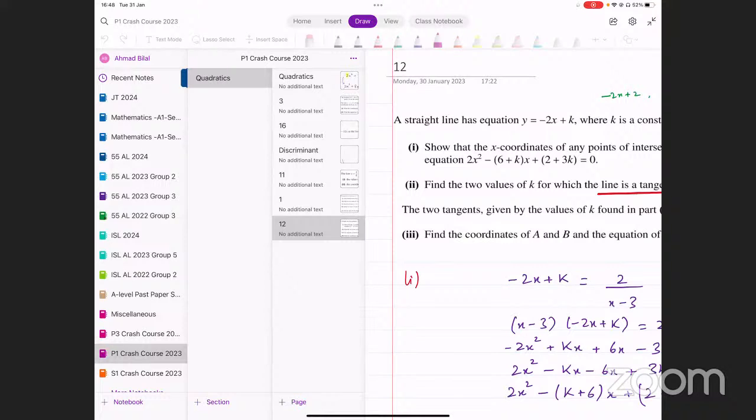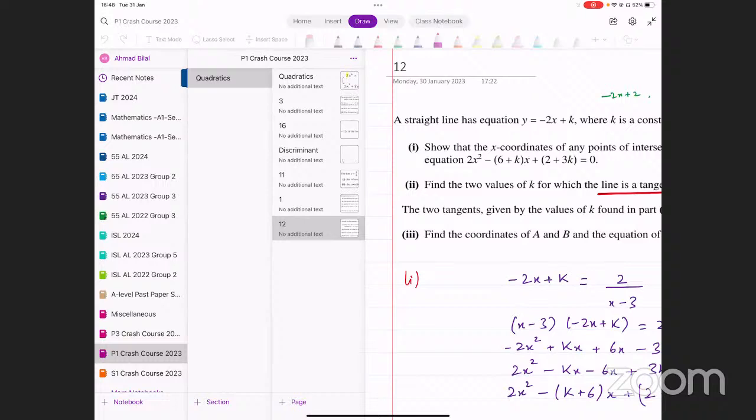Thank you. Okay, so today we are going to start quadratic inequalities. We'll see how to solve quadratic inequalities. Until now, we've talked about different properties of quadratic functions.